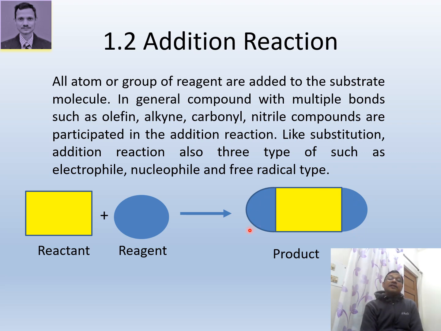Generally this type of reaction one can observe in compounds which have a multiple bond like olefin, alkyne, carbonyl, nitrile compounds. And similarly, depending upon the attacking groups, one can classify this addition reaction further into electrophilic, nucleophilic, and free radical type addition reaction.